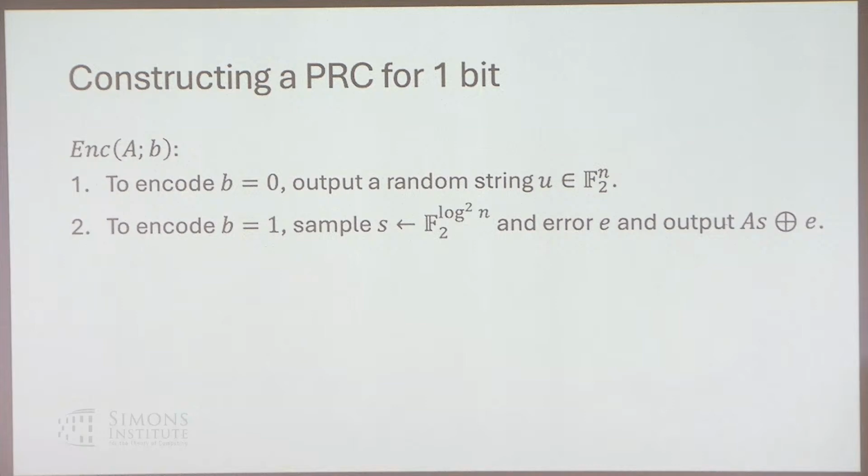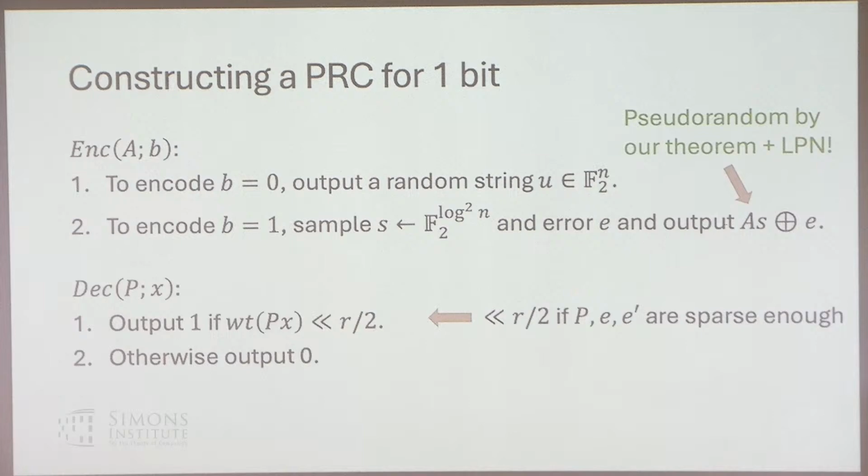Okay, so just to spell out the whole construction, what we're going to do is we sample this P and A, and now to encode 1 bit, if we want to encode 0, we output a random string. If we want to encode 1, we output a noisy random sample from this code. And now this code word is going to be pseudorandom exactly by our theorem and by LPN. And to decode, you take your secret parity check matrix, you apply it to the given vector, and you check the weight.